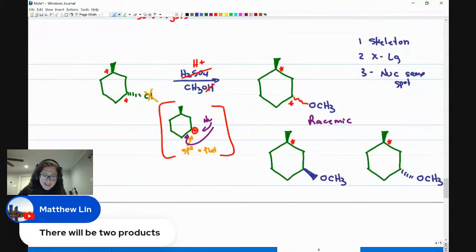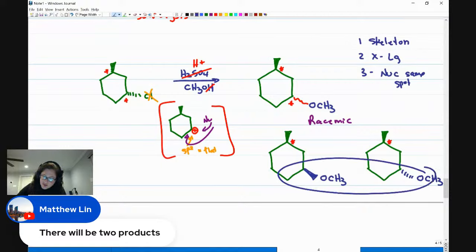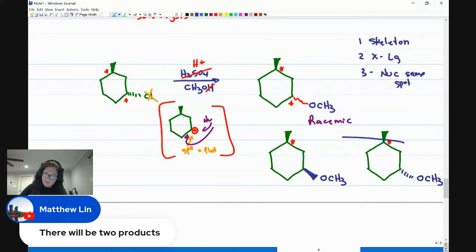They are not enantiomers. They are not enantiomers because even though these 2 appear to be enantiomers, these 2 are still the same. And if you have 2 chiral centers on your molecule where one is the same and one is different, they are diastereomers to each other.